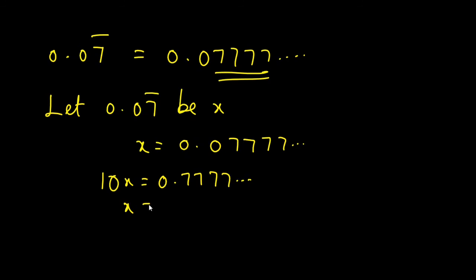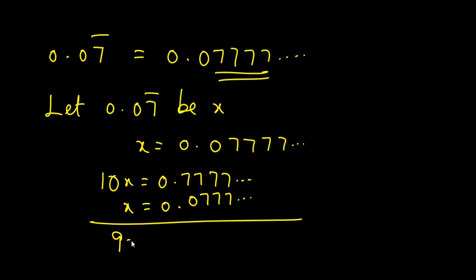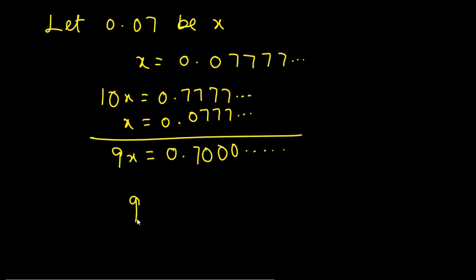Now subtract x here. x is equal to 0.0777, etc. Subtracting, on the left side we get 9x. So 9x is equal to, here it becomes 0. So here also zeros, 0, 0, 7 minus 7 is 0. Here 7 minus 0, so we get 0.7. So 9x is equal to 0.7.